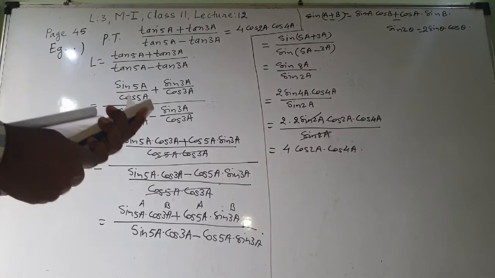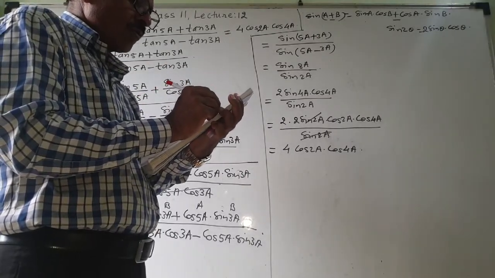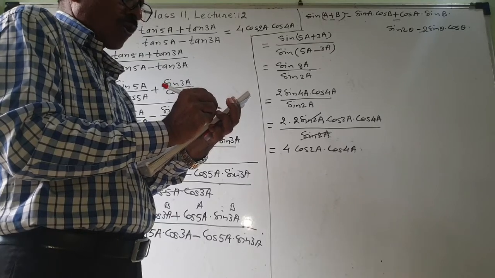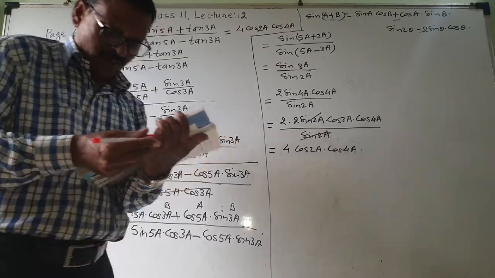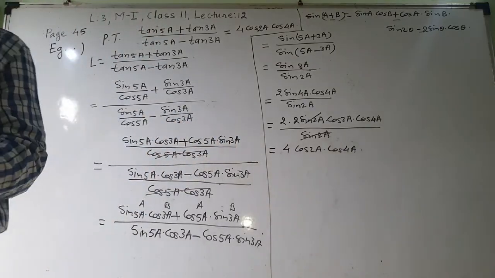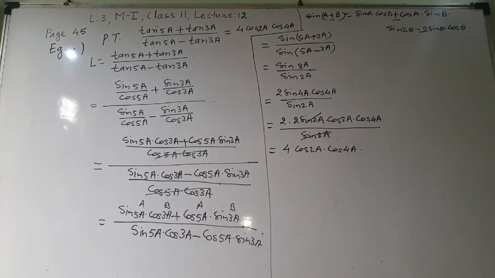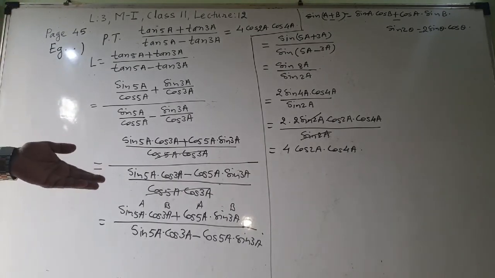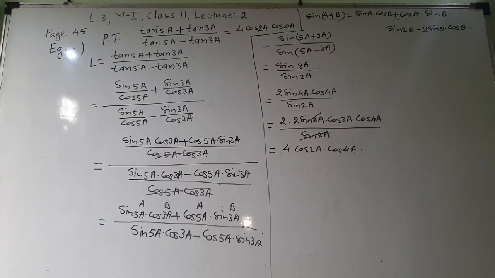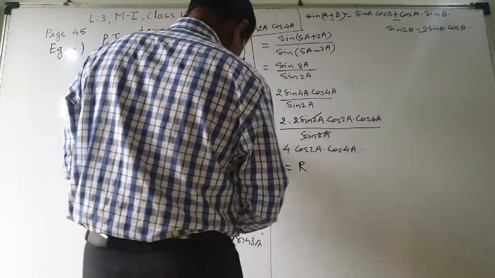It should be cos of 2a, not cos square a. 4 cos of 2a. It is a printing mistake in my textbook. In yours also it may be. So I hope you have understood this. Write the last step, LHS equal to RHS. So here the question is completed.